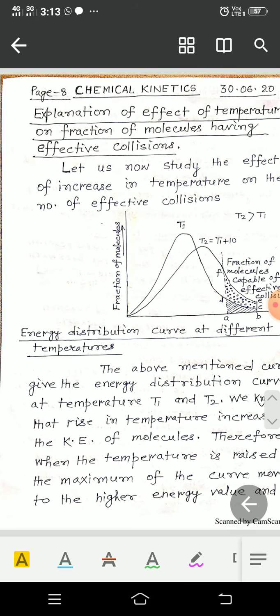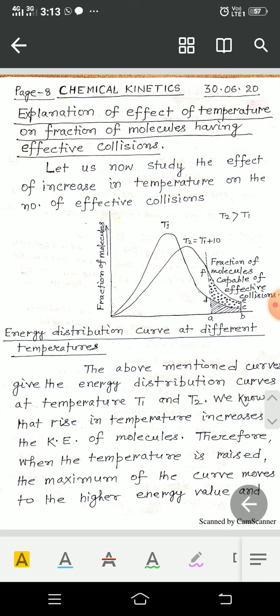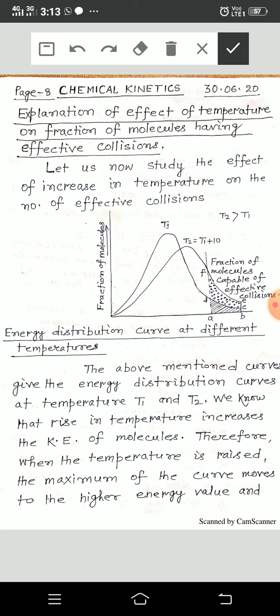Now, explanation of the effect of temperature on the fraction of molecules having effective collisions. Let us study the effect of temperature on the number of effective collisions.